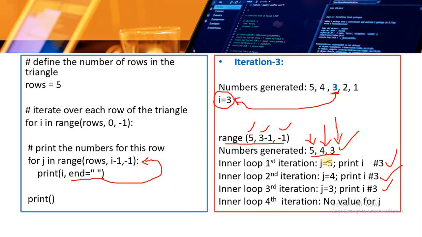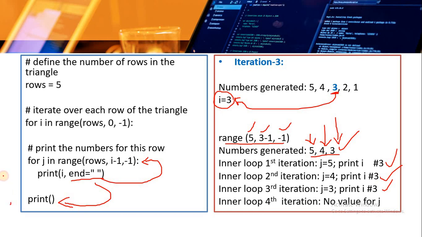Again we try to retrieve the next value in the sequence, but there are no values in the sequence created by the range function. So the control comes out from this inner for loop and reaches this print statement, which is used to create the new line. So in the third row, 3 will be printed 3 times.